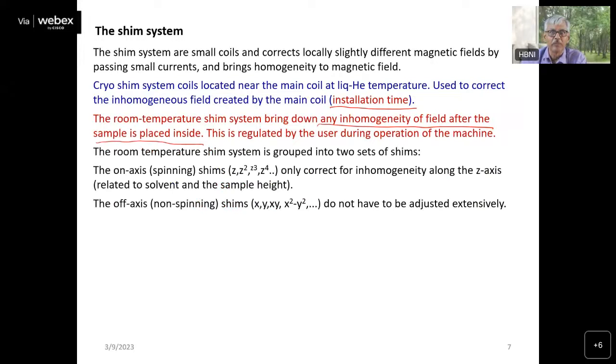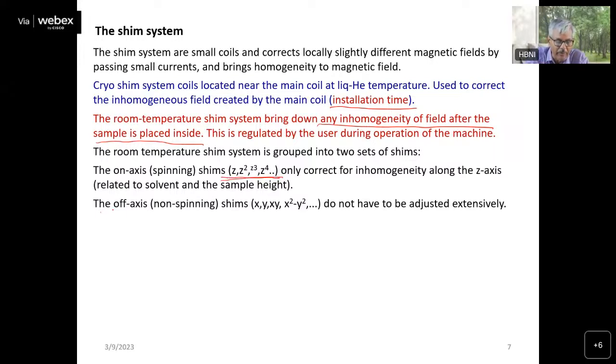For the room temperature SIMs, there are two groups. One group is called on-axis SIMs. They correct the field homogeneity along the direction of the magnetic field.